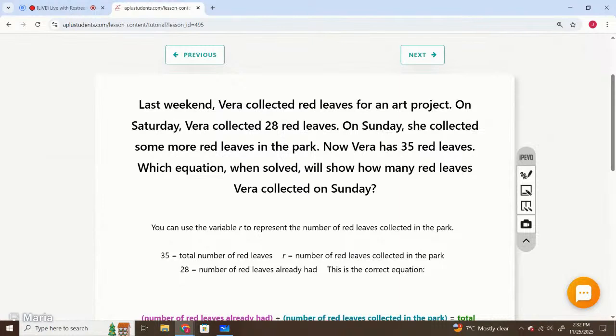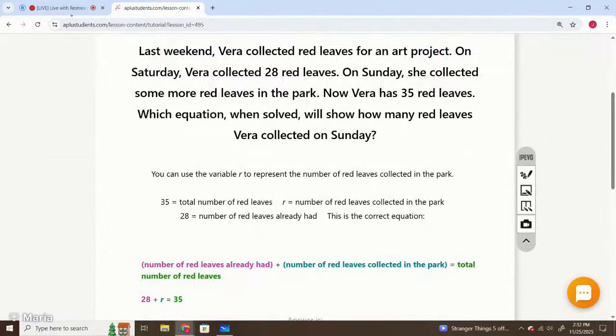On Saturday, Veera collected 28 red leaves. On Sunday, she collected some more red leaves in the park. Now Veera has 37 red leaves. Which equation when solved will show how many red leaves Veera collected on Sunday?